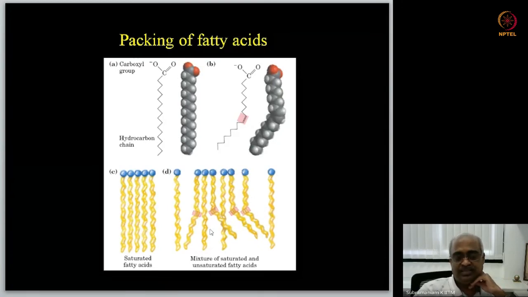So as a result, these molecules tend to be liquid at room temperature while these are solid. So butter, for example, rich in saturated fat is solid at room temperature. Beef fat, which has not only saturated fatty acid, it's longer chain as well, is really solid, hard solid at room temperature.